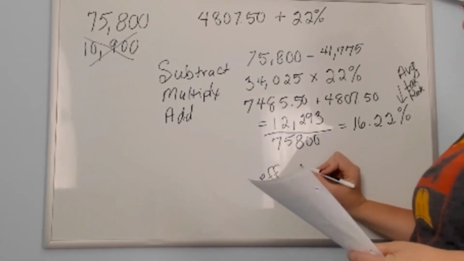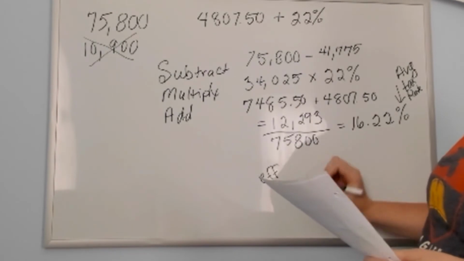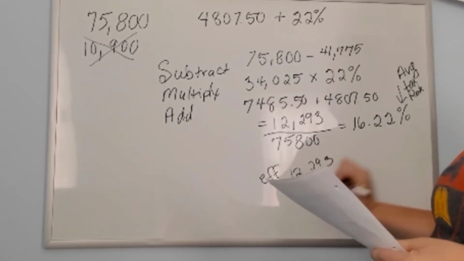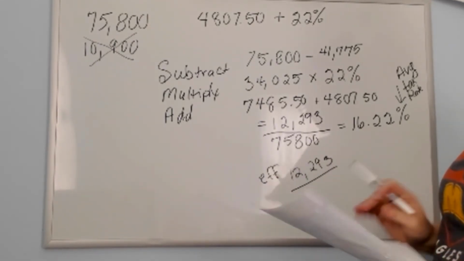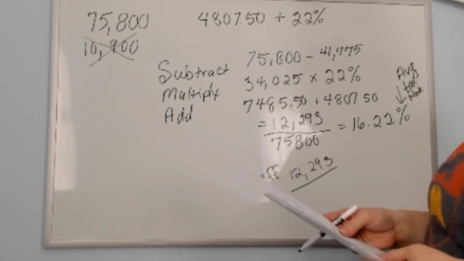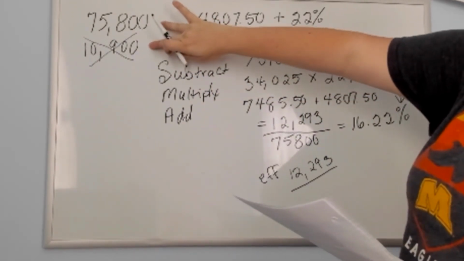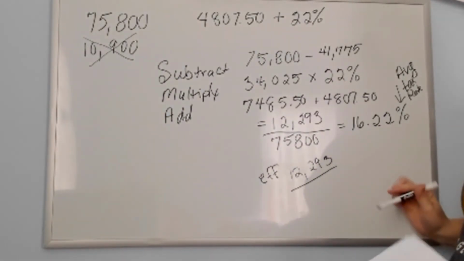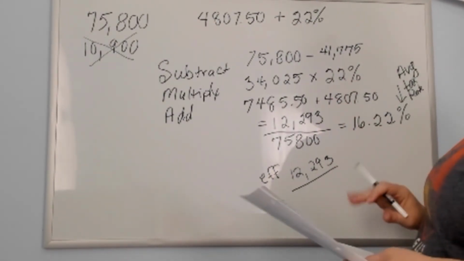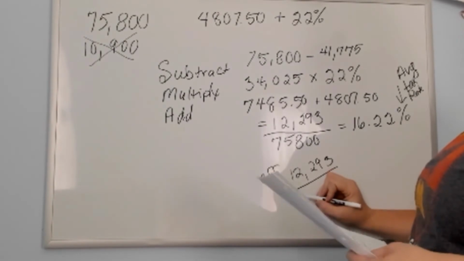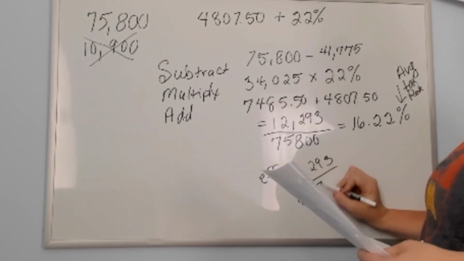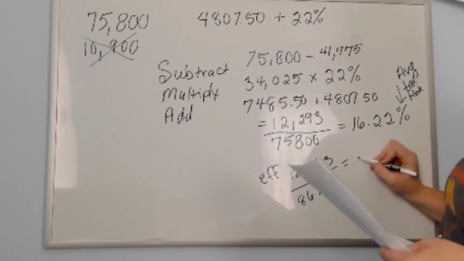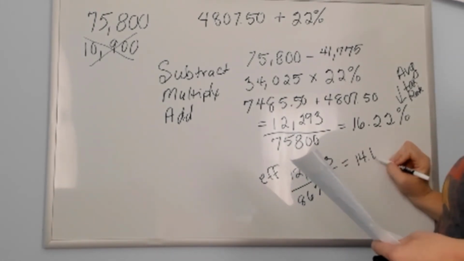We're going to have that same 12,293, and we're going to put it over the total of the 75,800 plus the 10,900, because it's going to be all income, taxable and non-taxable. So that's going to give us this 86,700, and the effective tax rate is 14.18%.